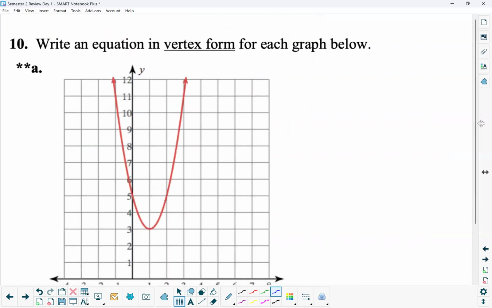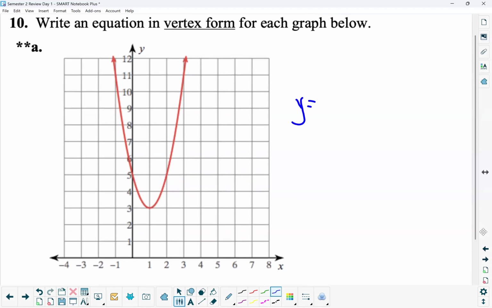Right. Here is a graph. We want to write the equation in vertex form. So to write it in vertex form, I would find the vertex first. And just as a reminder, vertex form is a times x minus h squared plus k. So let's find that value for a.